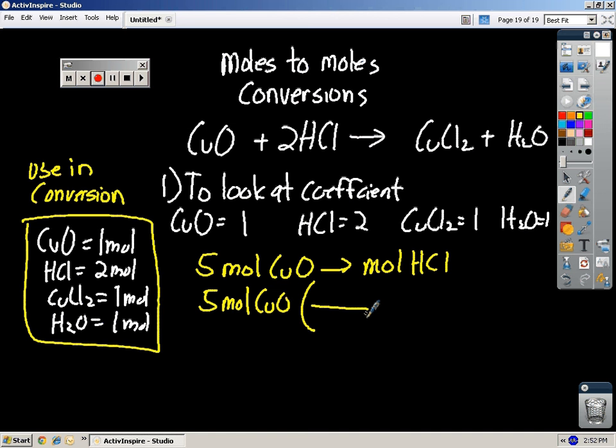If I look at CuO, what is it equal to? 1 mole. So we're going to put 1 mole of CuO. What are we trying to convert it to now? Moles of HCl. And 1 mole of CuO is equal to how many moles of HCl? 2. And so 2 moles of HCl will go there.